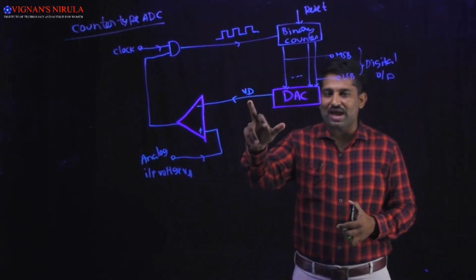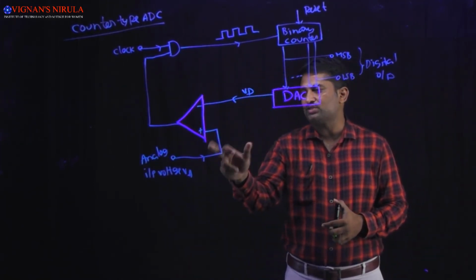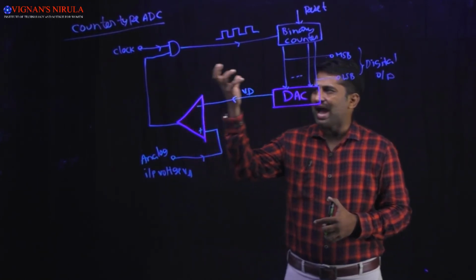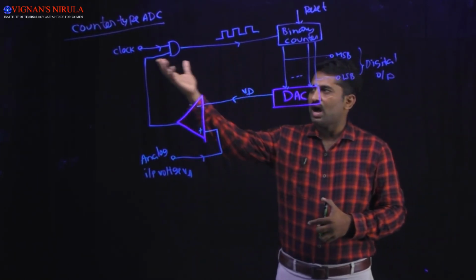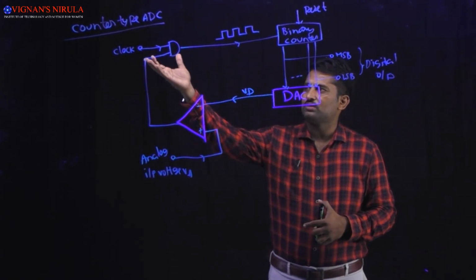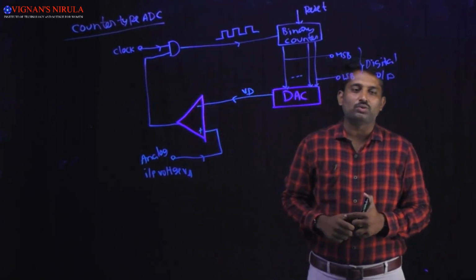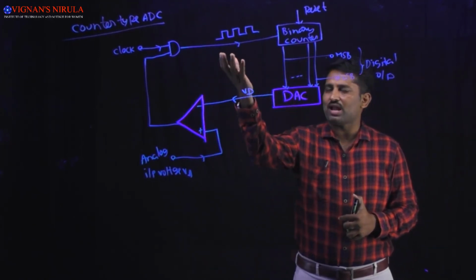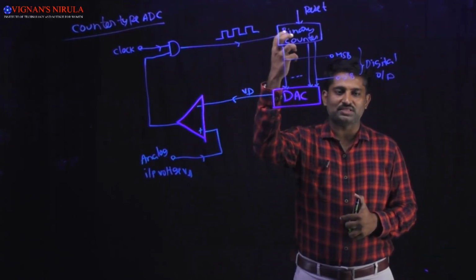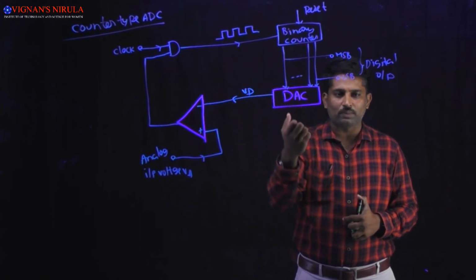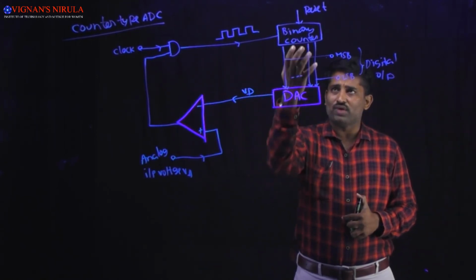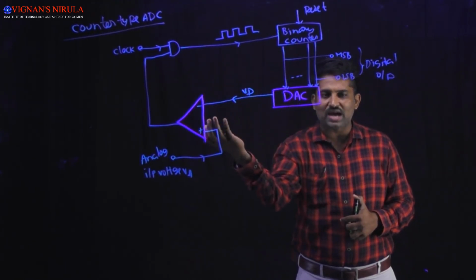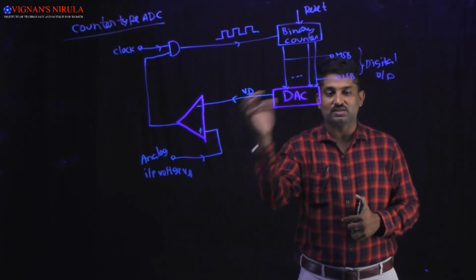Whenever the VD value is less than VA, the comparator output is 1 and it activates the AND gate, and the clock is applied to the binary counter, which starts counting the clock pulses. As the number of clock pulses increases, the output of the binary counter increases, and obviously the DAC output also increases.